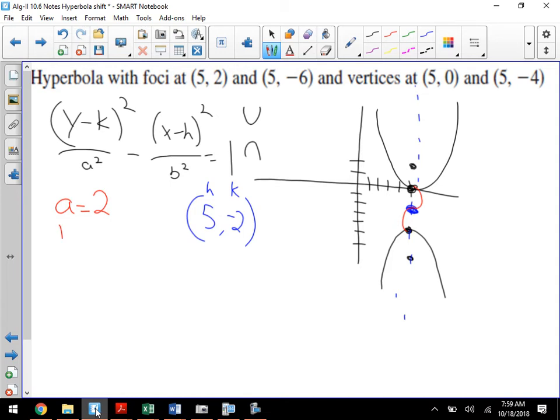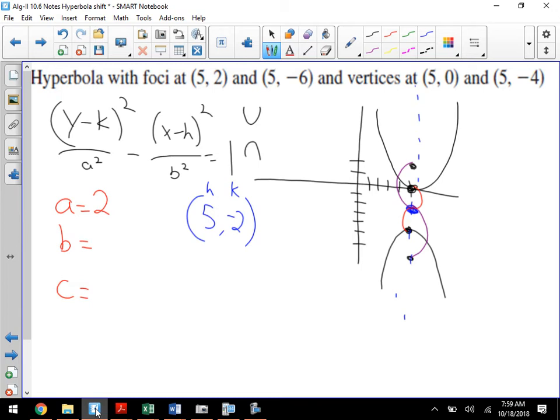I don't know what my b value is, but I can figure out my c value because the distance from the center to the focus is the c value. So when I count that, I'm going up to here, and down to here. Those two were 4 away. All you have to do is count. Since your vertices and your co-vertices will always be on the same line as the center, you don't have to use the distance formula.